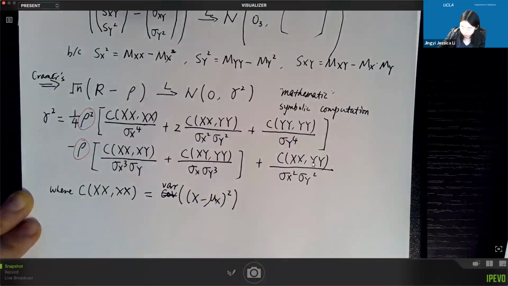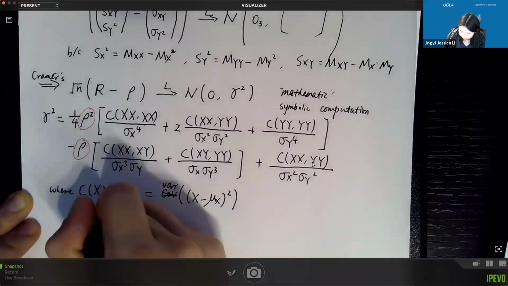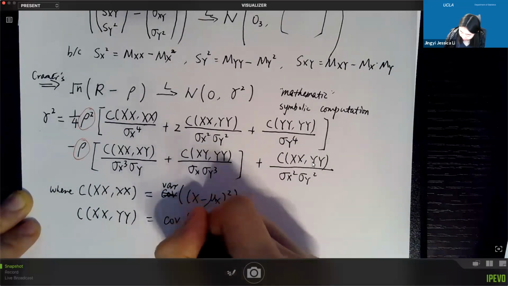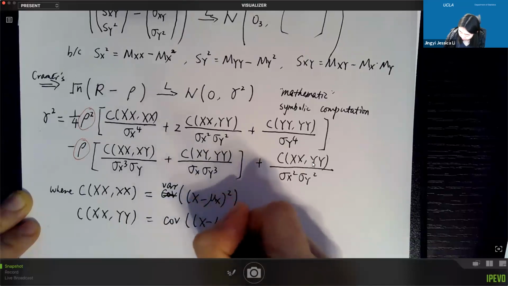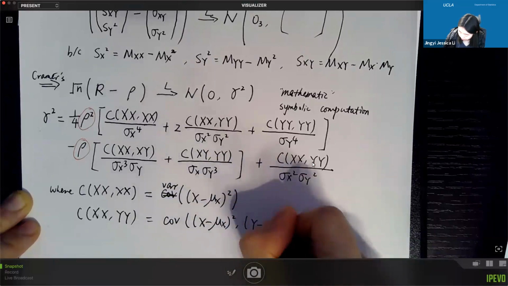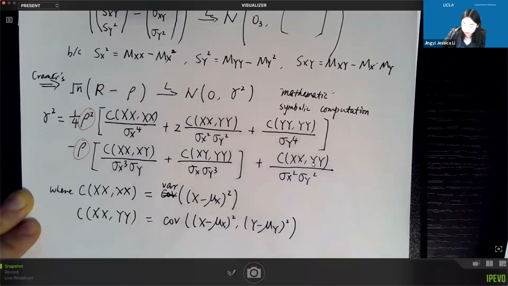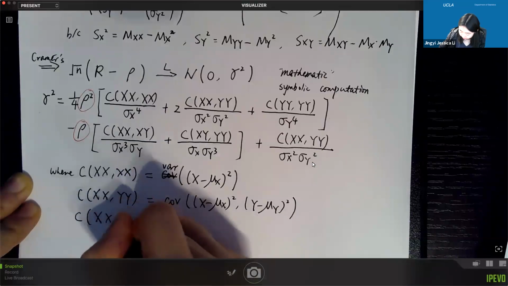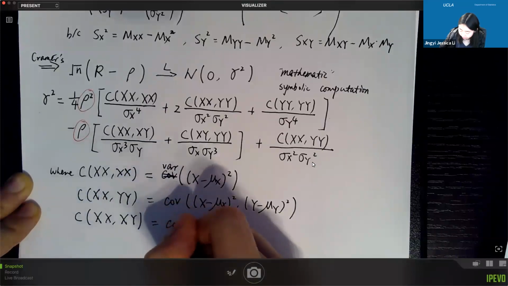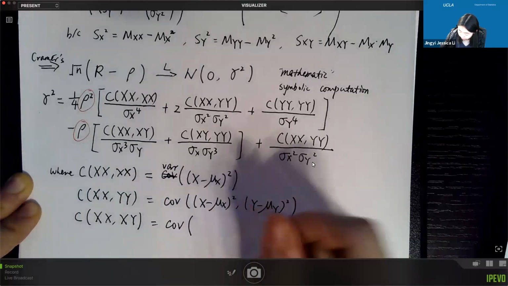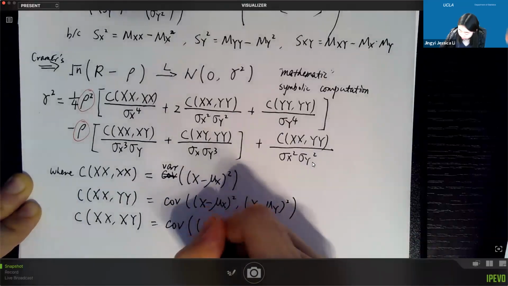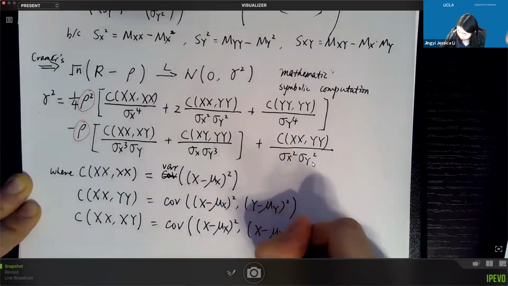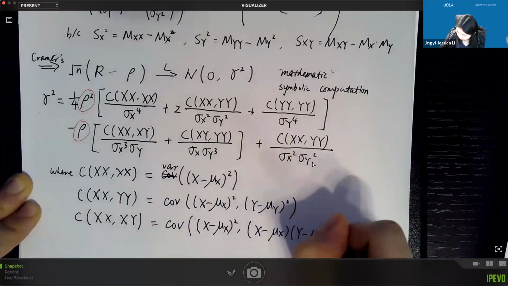And what is Cxxyy? That's essentially the covariance of x minus mu x squared and y minus mu y squared. By the same convention, we can have Cxxxy as the covariance of x minus mu x squared and x minus mu x times y minus mu y.